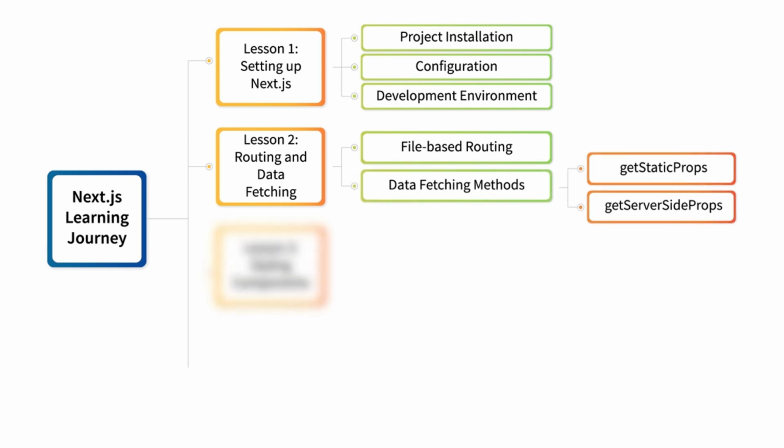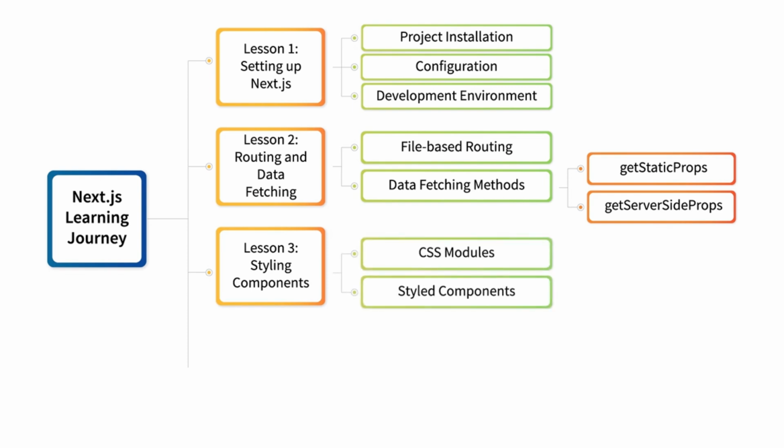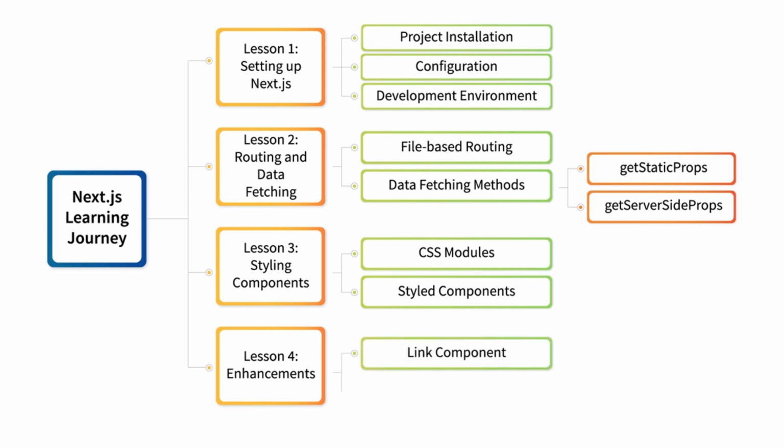You have seen how to style components in Next.js using CSS modules and styled components, giving you flexible options to manage your app design and structure. In the final lesson, we covered navigation using the Link component and managing environment variables securely, both essential for scalable and secure web development. So what's next?